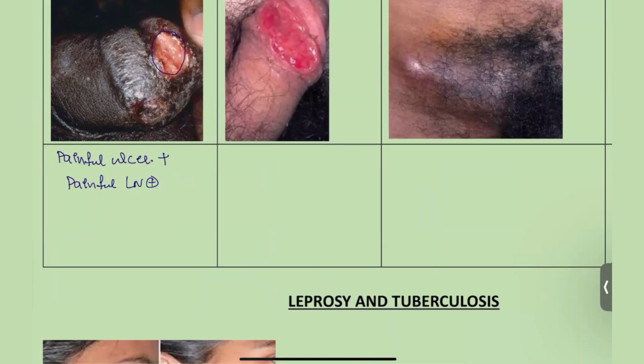Next, syphilis has a painless ulcer and also painless lymphadenopathy. Rubbery lymphadenopathy is seen in these patients, bilateral, and this is usually unilateral in chancroid.